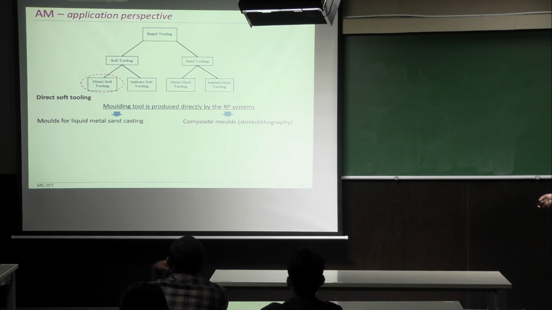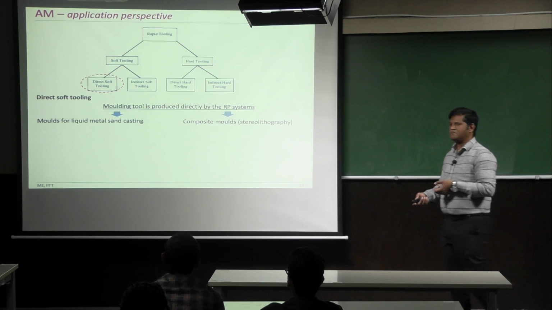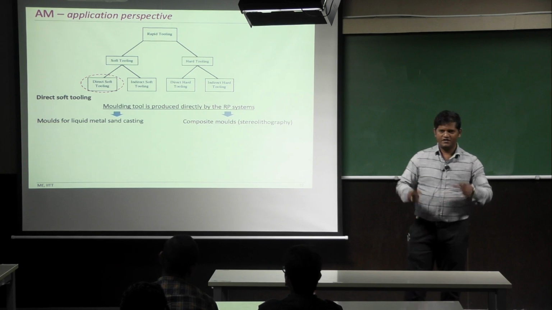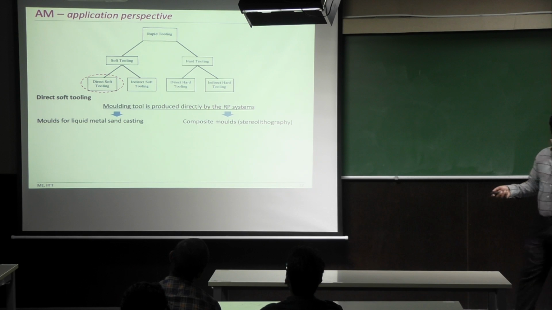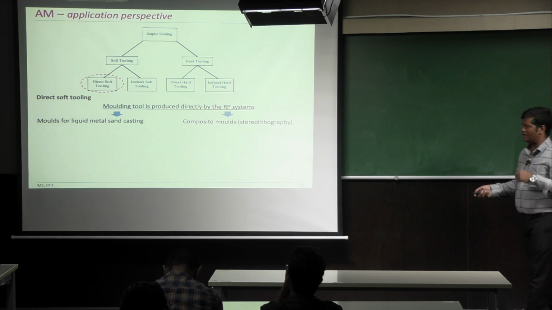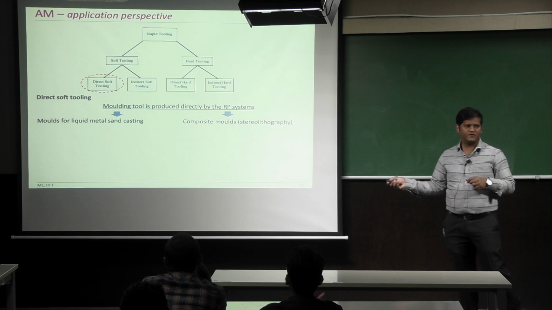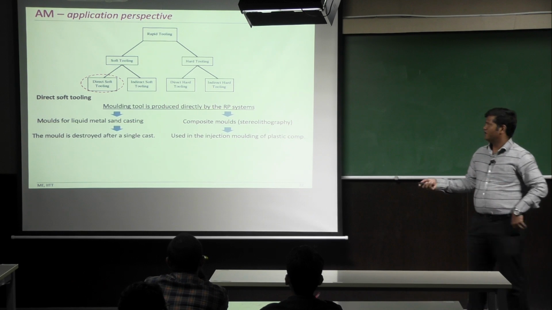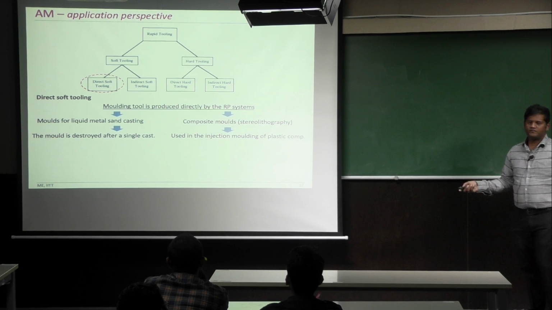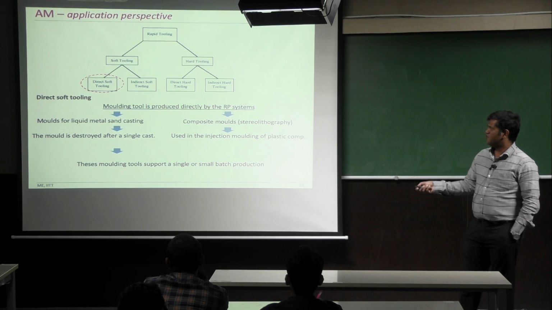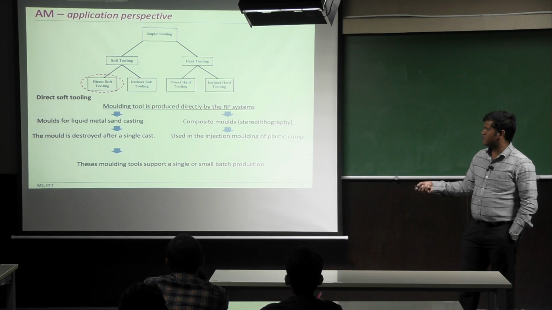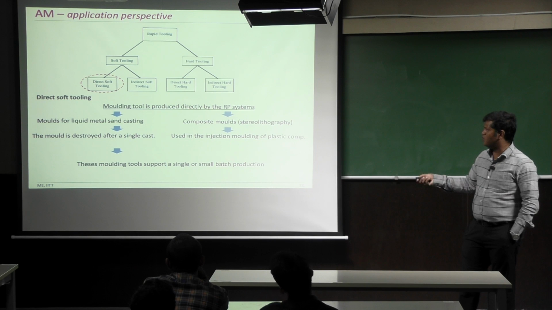The second one is the composite molds. In the last slide you have seen AIM injection molding inserts. Those mold inserts are the composite mold inserts. It is made of a relatively soft material by stereolithography, and this is used in injection molding of plastic components. These molding tools support single or small batch production.